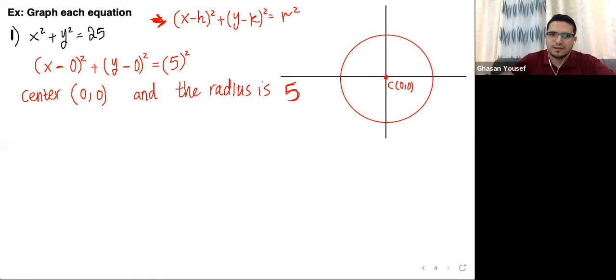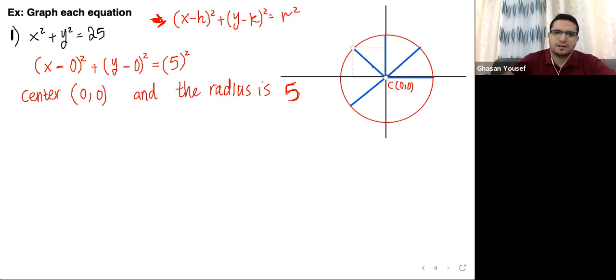And the distance to this point here is 5. This is 5, also this is 5, same thing here, 5. Any point is 5 from the center. This point is 5 too. So all of them are 5.